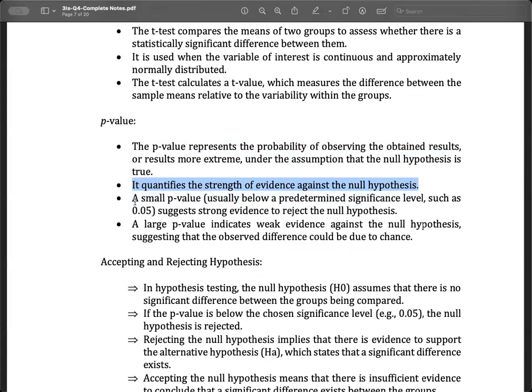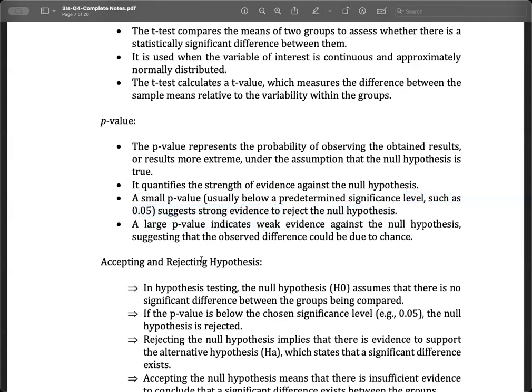So therefore, a small value, usually below a predetermined significance level, so that is your margin of error or level of significance, the 0.05 is what I've mentioned a while ago, suggests a strong evidence to reject the null hypothesis. So if your p-value is equal or less than 0.05 or your predetermined significance level, then your decision is to reject the null hypothesis. Okay.